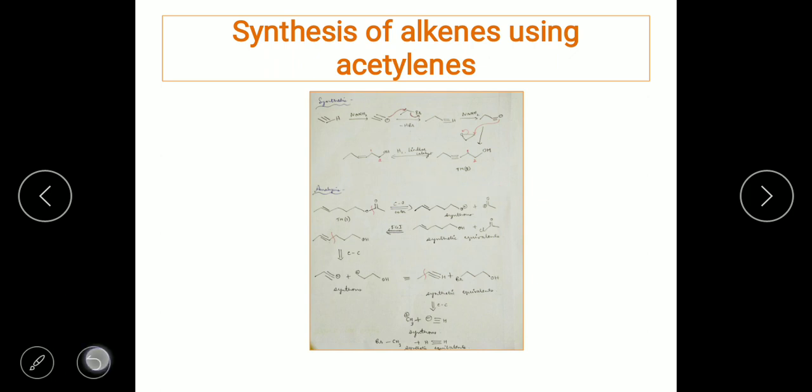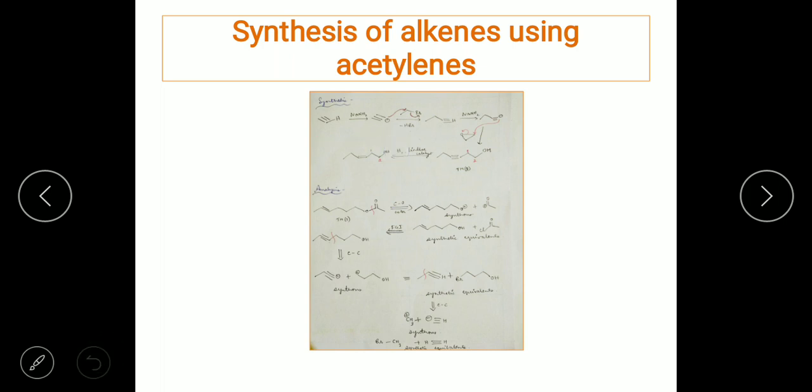So how is that going to be? You have the acetylene group. Again, you are going to make use of sodamide to deprotonate the hydrogen which is bonded to the acetylene group, and this would give rise to an acetylene anion.